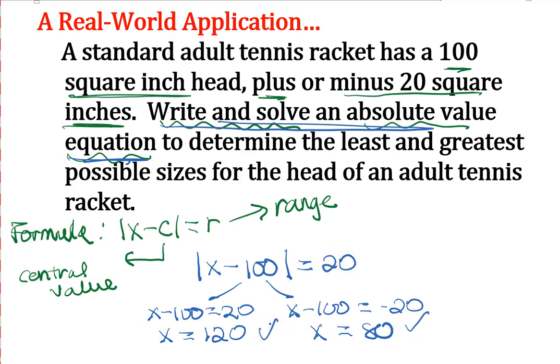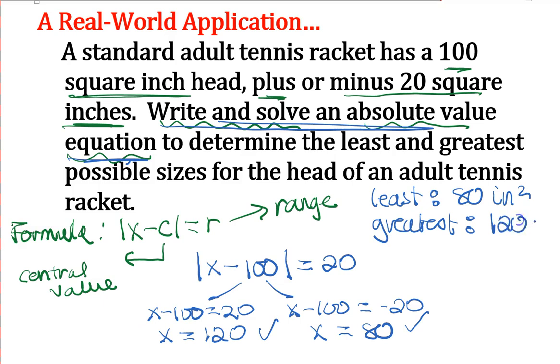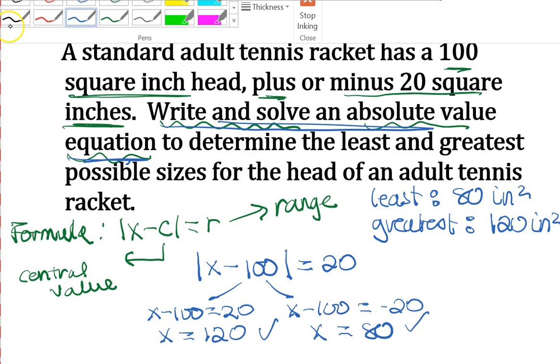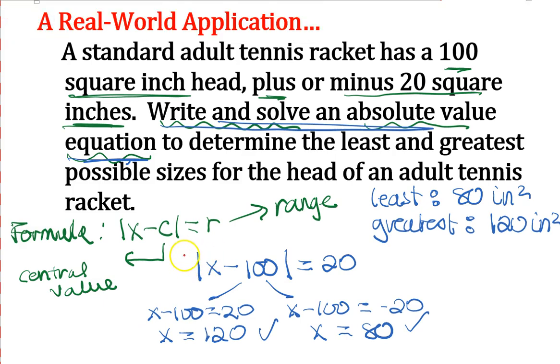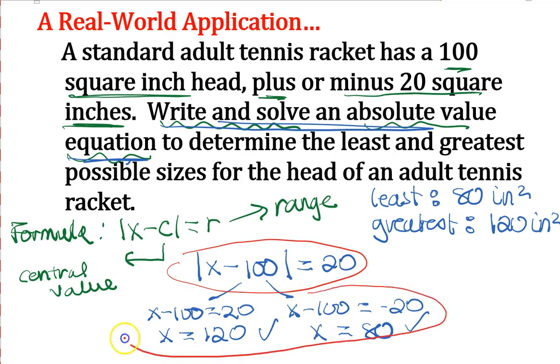So you're going to tell me in order to answer this that the least size is going to be 80 square inches, and the greatest is going to be 120 square inches. So that would be what I would look for in this work. I would be looking for the equation, I would be looking for the solution, and I would be looking for a final answer.